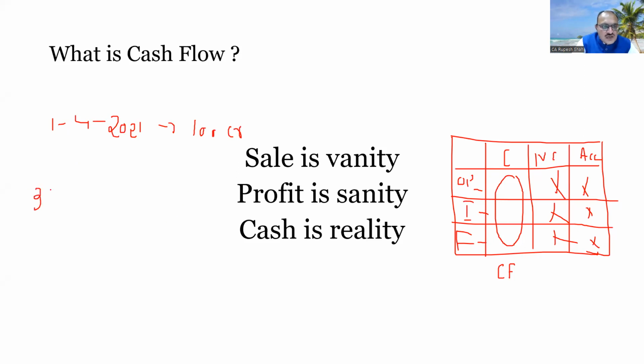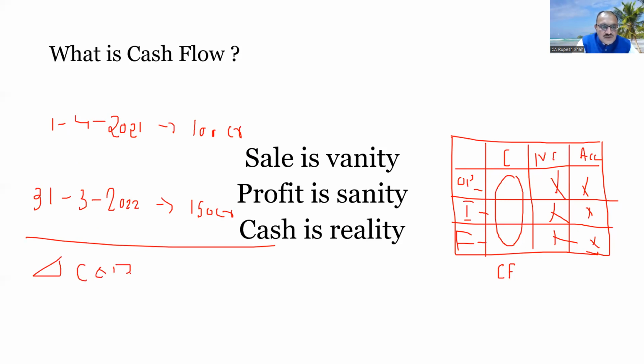And say as on 31st March 2022, my cash balance is 150 crore. So what is the delta? That means the change in cash and bank balance is plus 50 crore. Right?